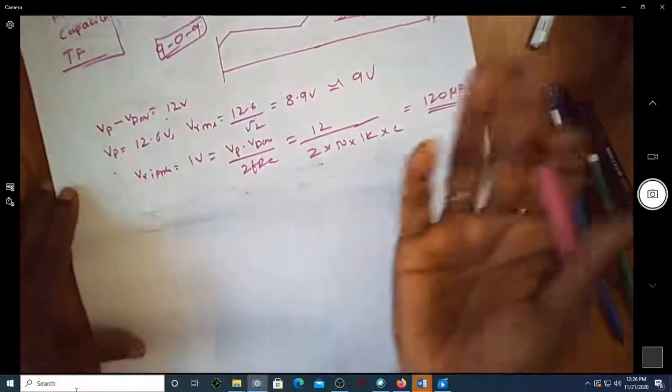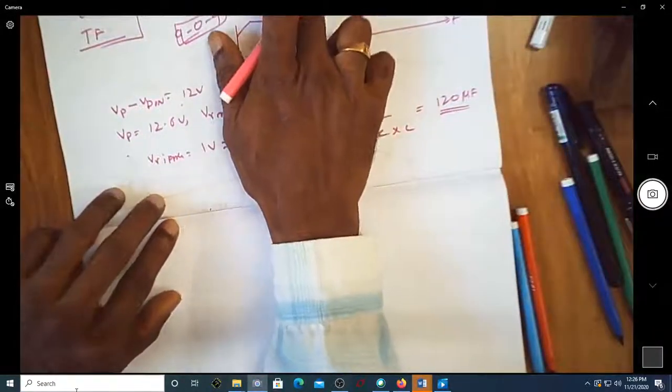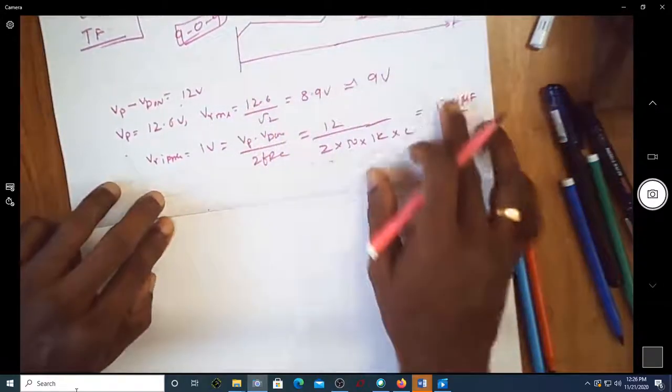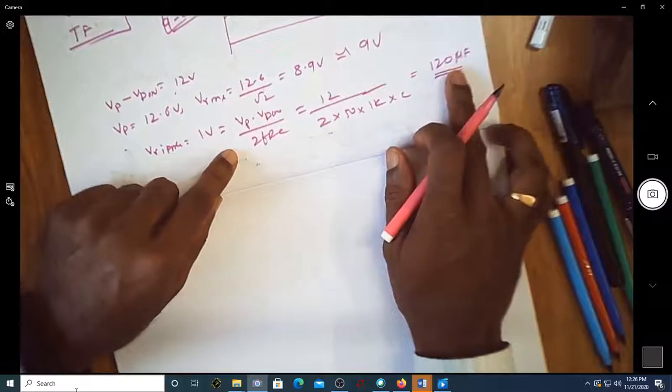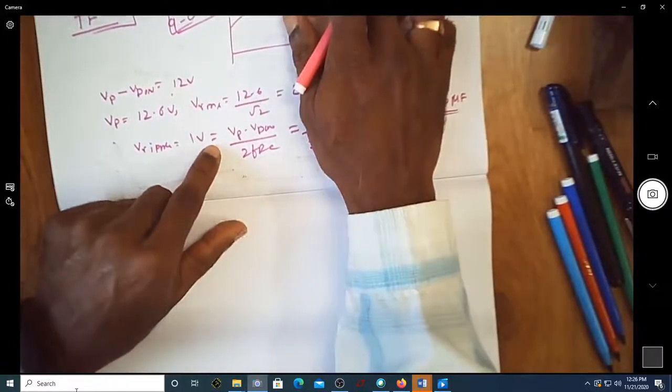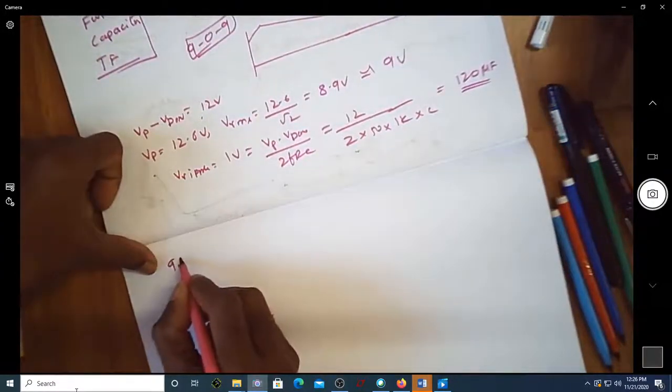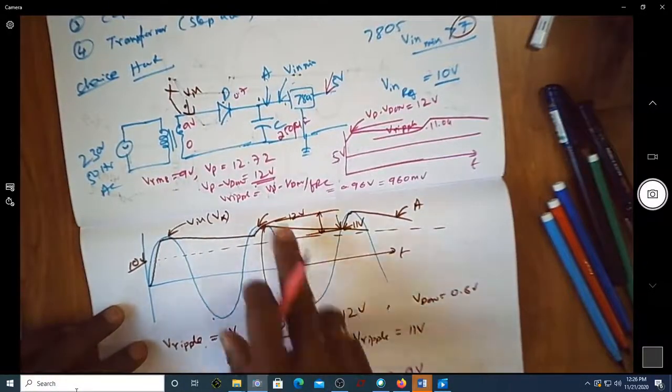Of course, if you just work back, what is the voltage you're going to get here? Because this is now 120 microfarad, you are bound to get exactly 11 volt. And if it is 9, how much is 9 into root 2? That's what we found here.